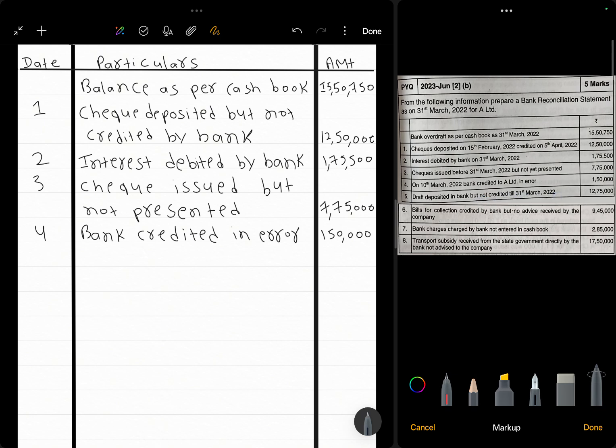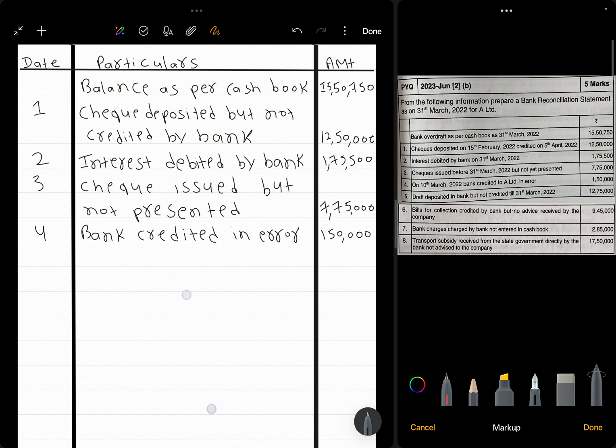It is the same as the one number, check deposited but not credited. Same way, draft deposited but not credited till 31st March. So we have deposited a draft. It means we have increased the balance in our cash book, but it has not been increased in our passbook. So what are we going to do now? We are going to subtract this amount from our cash book as well.